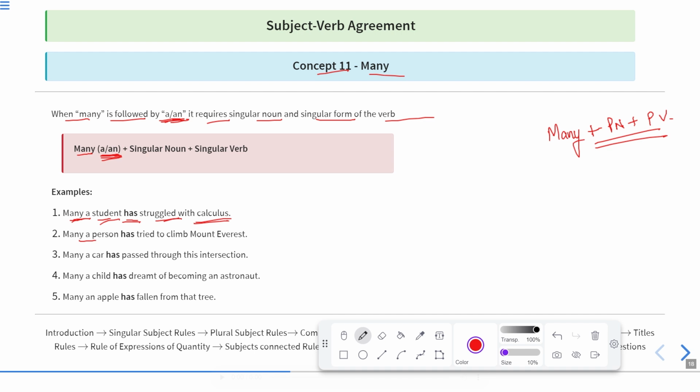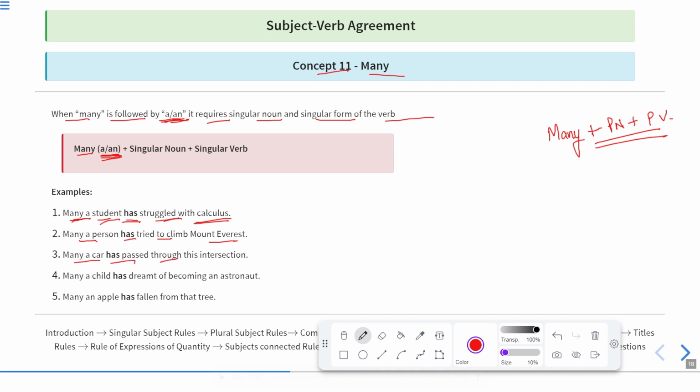Many a person has tried to climb Mount Everest. Now, many a means there are many people, or every person, out of those many, a few of them, or we use this to represent that there are single people at different times.